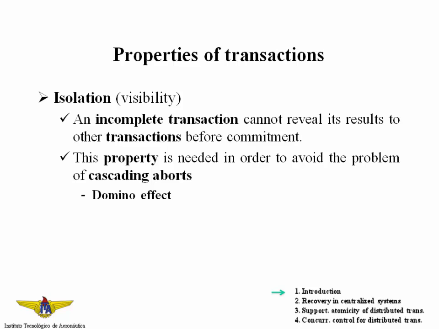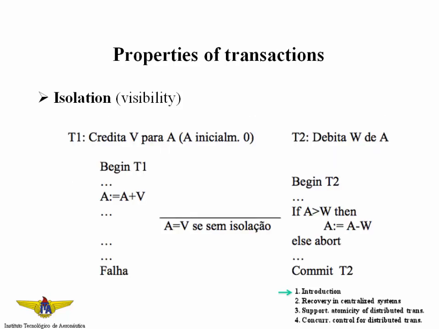This property is necessary because you don't want to propagate, for instance, some partial value that is not complete. So what happens is you avoid somehow the problem of cascading aborts. It's a kind of domino effect. Okay, I'll show you with an example.